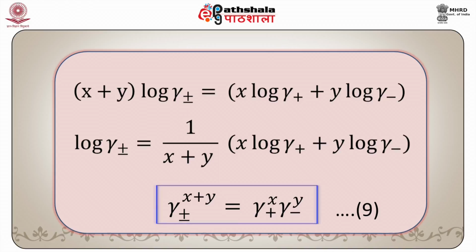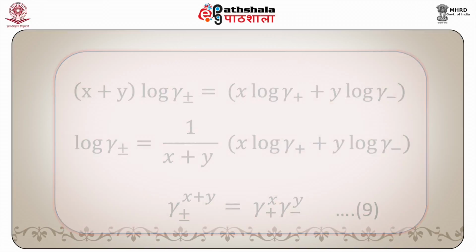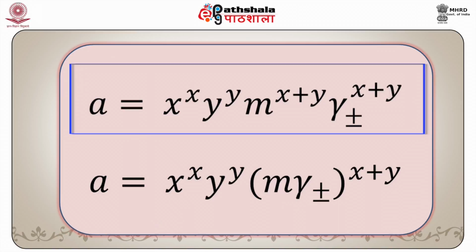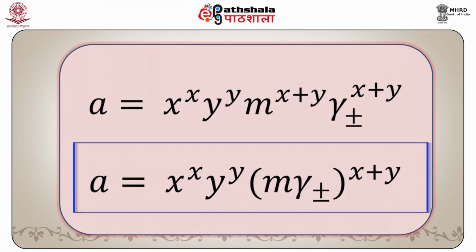In this equation, the values of x and y depend on the nature of the electrolyte. Using equation 9 in equation 7, we get a = x^x × y^y × m^(x+y) × γ±^(x+y). Or we can write a = x^x × y^y × (m γ±)^(x+y).